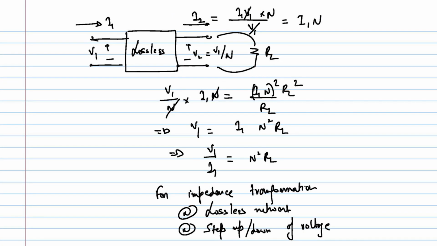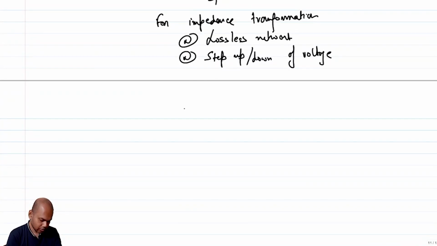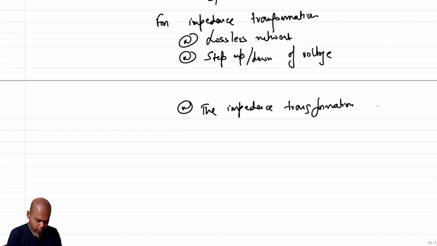Now, the third thing is the impedance transformation ratio. The ratio is proportional to that N squared, that step up or step down, whole square.